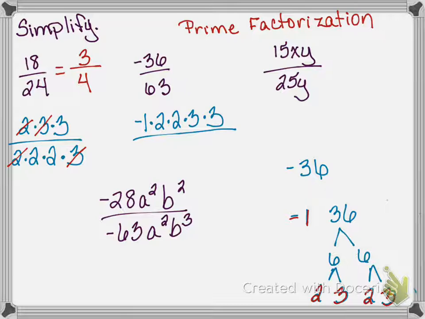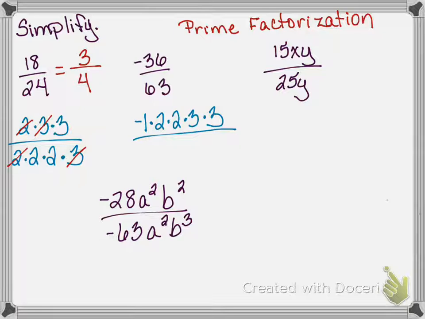Okay, let's break 63 down. What two numbers multiply to give me 63? 9 and 7. Good job. 9 breaks down again. What does 9 break down to? 3 and 3.